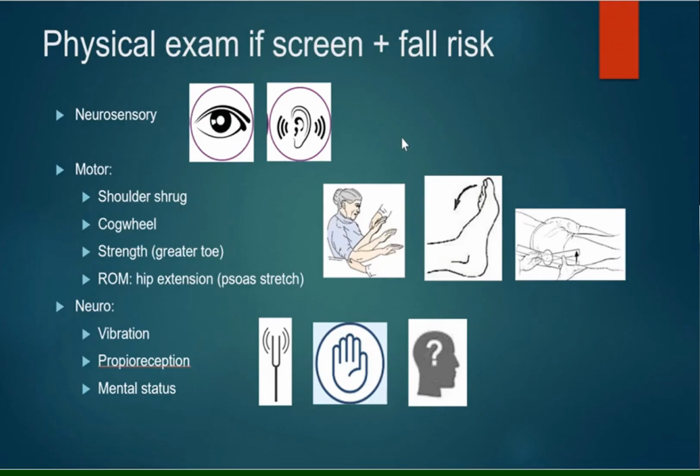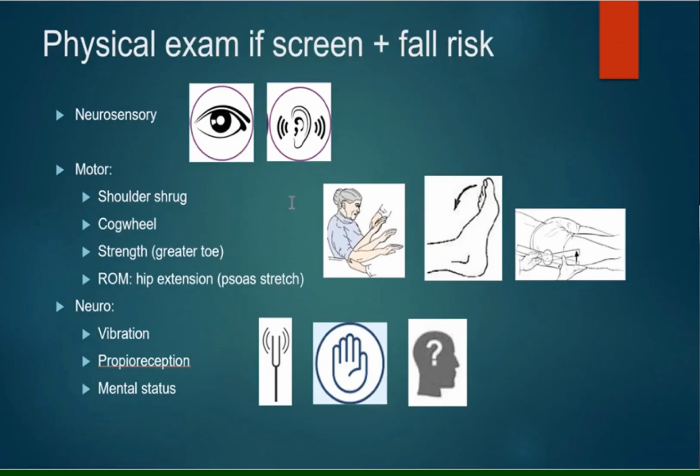In terms of the motor exam, I like to do the shoulder shrug to identify any central motor weakness that might occur with different conditions, most commonly changes in calcium, particularly hypercalcemia.